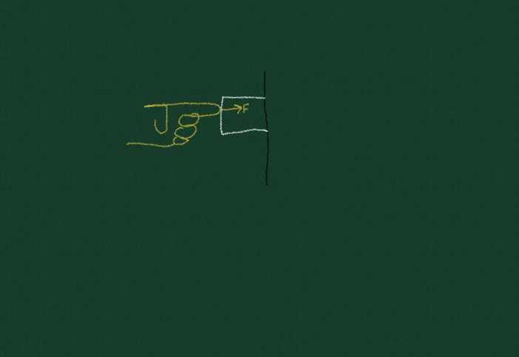Okay, so a common mistake that I see is people trying to say that the normal force would be acting here, but that's incorrect. The normal force has to be perpendicular to the surface, which is between the block and the wall. So we would have a normal force here. Now we can also call this a normal force too.